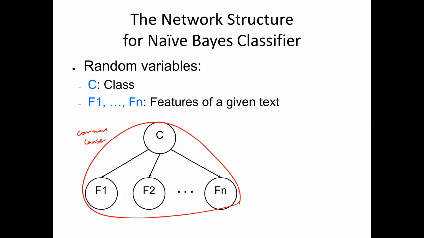And in the common cause structure, given the cause, the effects are all independent. In other words, f1 through fn are independent given the class. And this independence assumption is where the name naive comes from. So we're naively assuming that the features are independent given the class.